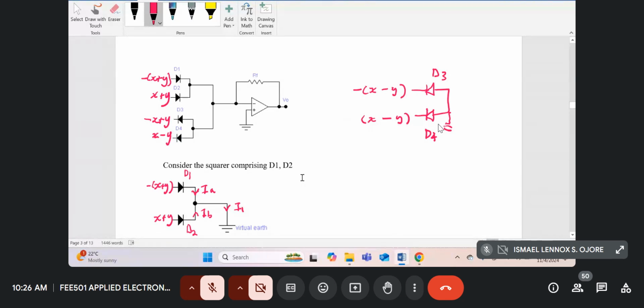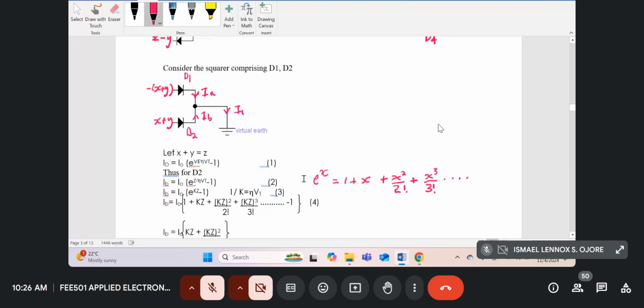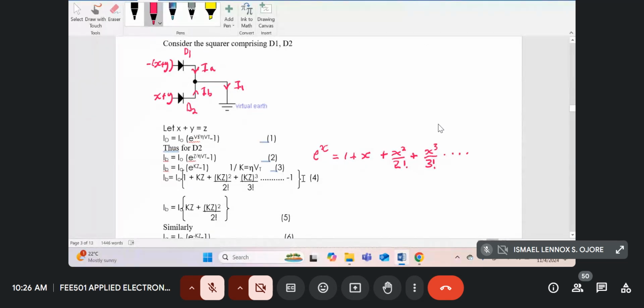Okay, so now let's start the analysis. Let's consider the circuit comprising D1 and D2.